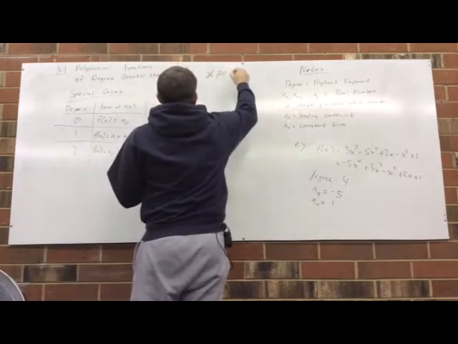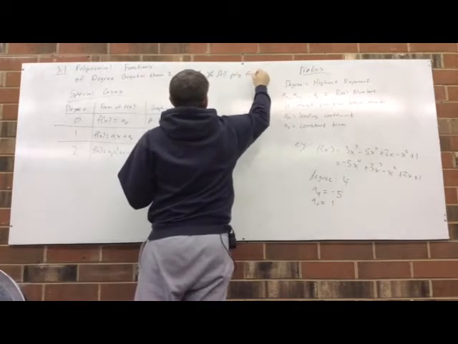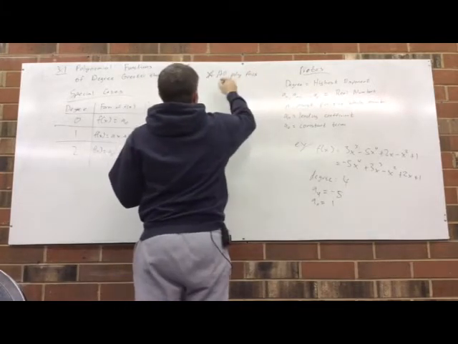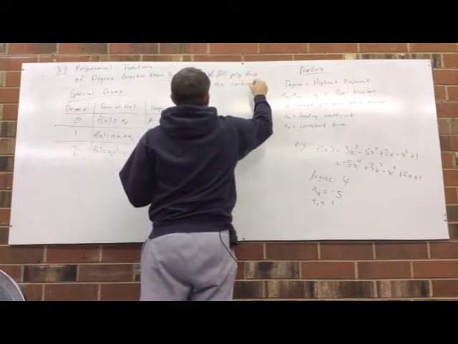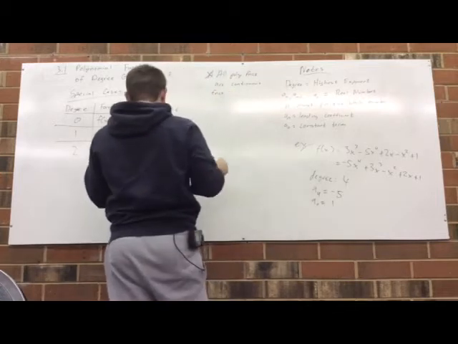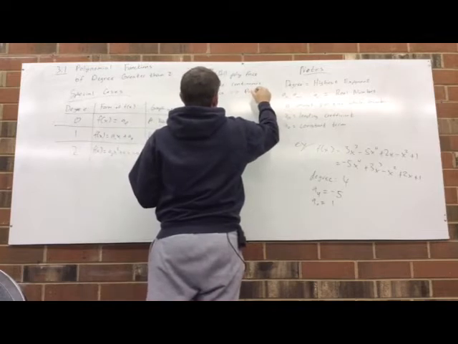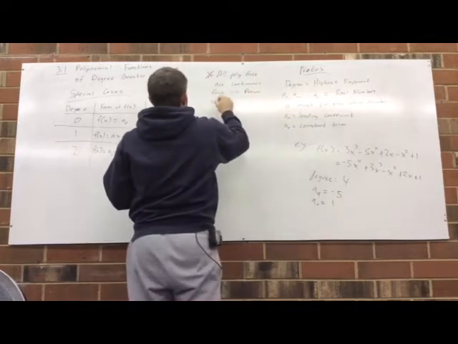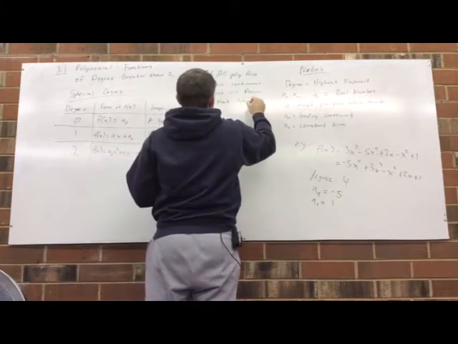I want you to take note of this here. All polynomial functions are continuous functions. We've talked about continuous functions before, but that basically means they can be drawn without lifting our pencil.